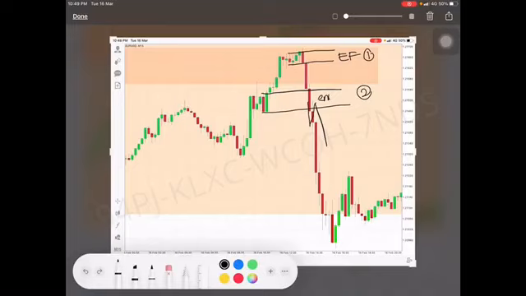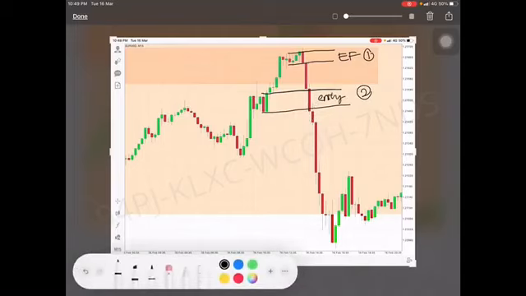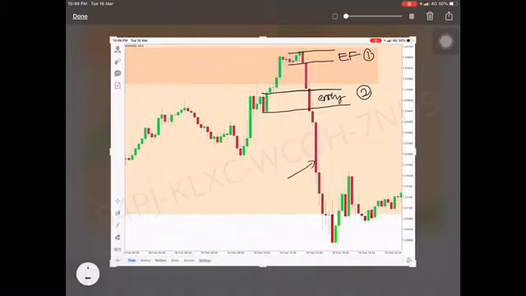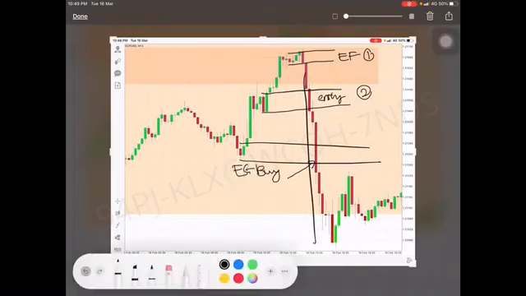So let's say you look at this one. This price made engulfing fail over here. See? That was EG buy. But then price broke down, right? So it has become EF. So what did the price do?